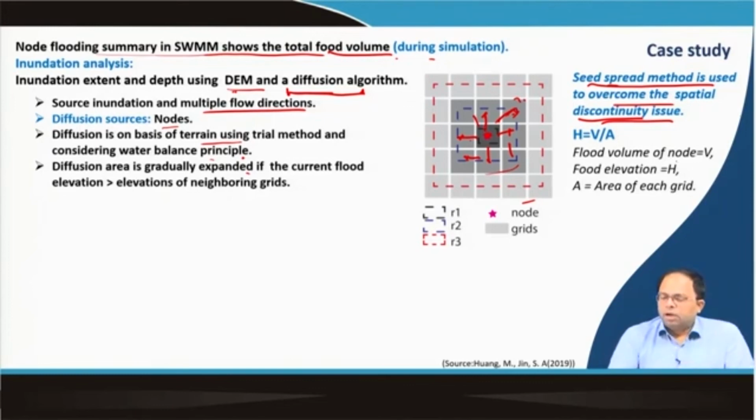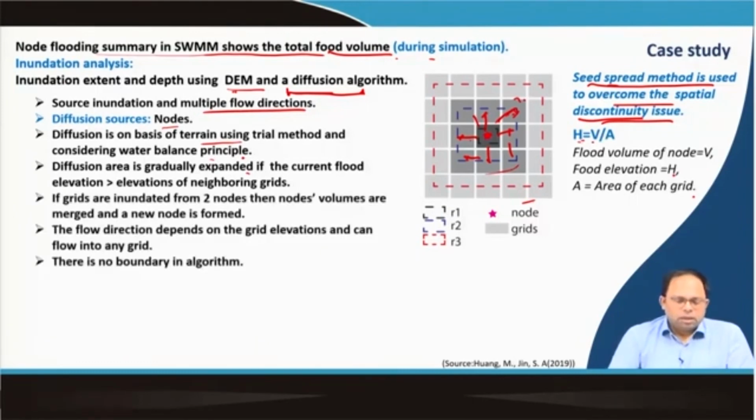So, flood volume of node is equal to V, flood elevation is equal to H, and A is the area of each grid. So, H is equal to V by A. In case grids are inundated from two nodes, which can happen, then the node volumes are merged and a new node is formed.